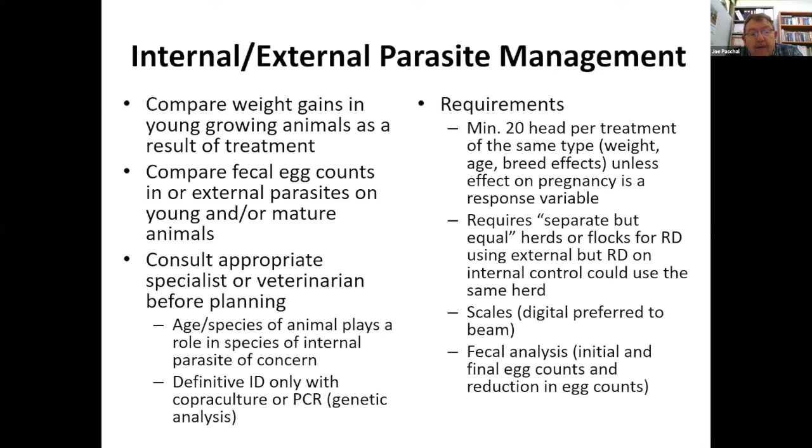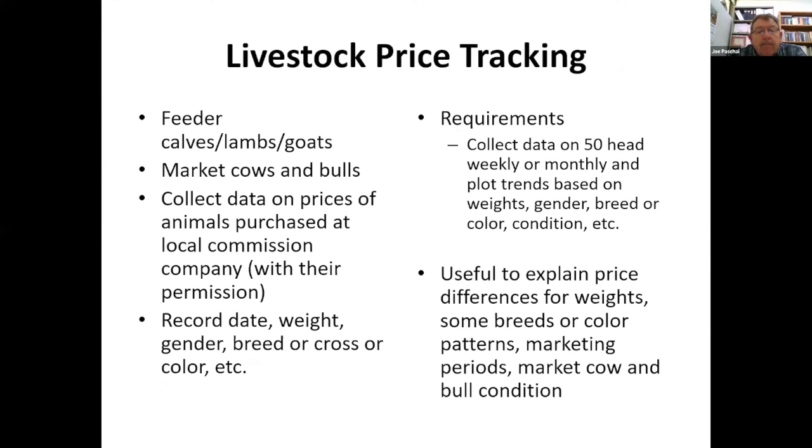Maybe we actually treat those animals in the same herd, the control and treatment. That's why it's important. It's not just as simple as going out there and injecting them with an antibiotic, a parasiticide, or dumping a pour-on on them. We need to think a little bit more about the design for this particular type of trial.